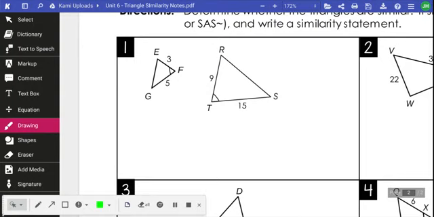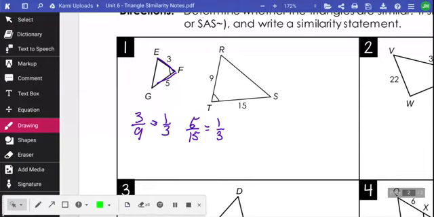if I look, I see that I potentially could do side, angle, side, but I need to make sure my sides are proportional. So I'll do my shorter side of my little triangle over my shorter side of my big triangle, and I'll reduce it. And then I will do my bigger side of my little triangle over my bigger side of my big triangle, and I'll reduce it.